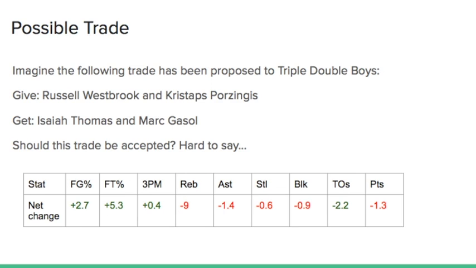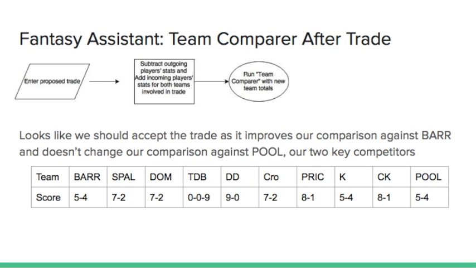Because in certain categories, in certain matchups, 9 rebounds may be much more important than an increase in 2.7% field goal. So as a result, doing this by hand is truly ineffective, which makes our algorithm kind of have a niche or purpose.